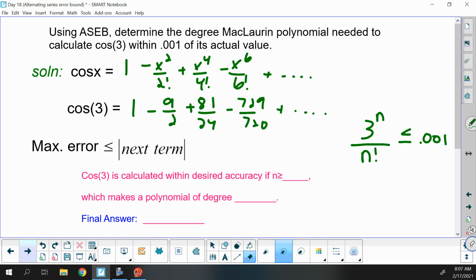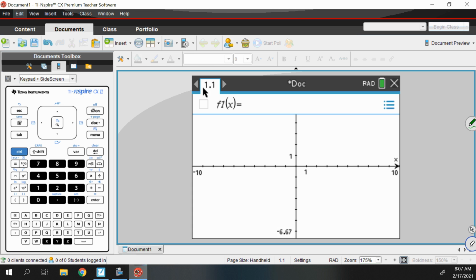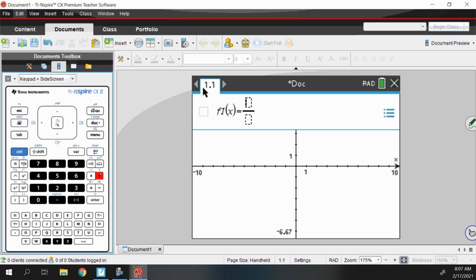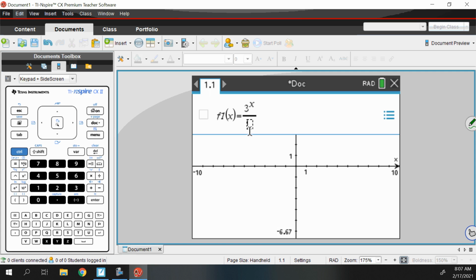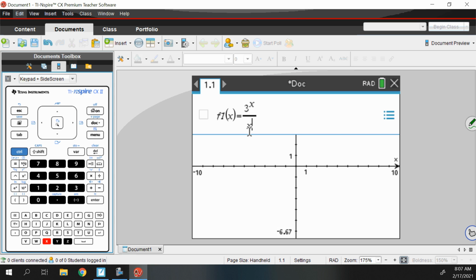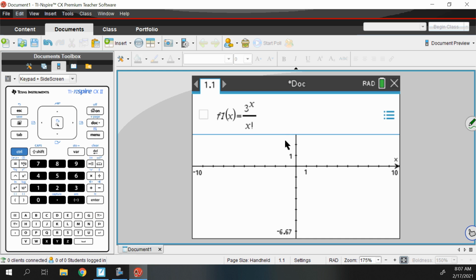So let's go to a graphs page. We're going to do 3 to the x over x factorial. So we got 3 raised to the x over x factorial.